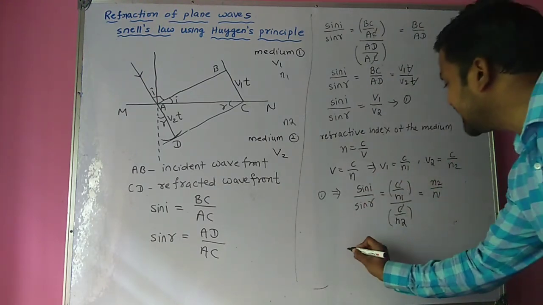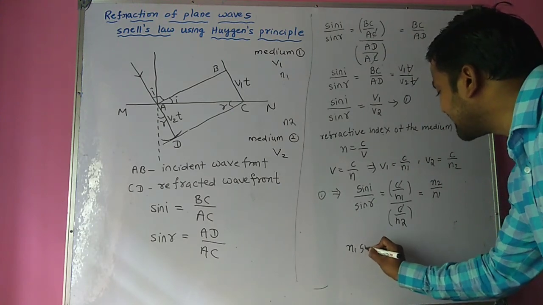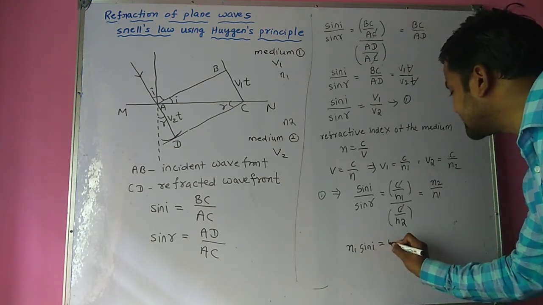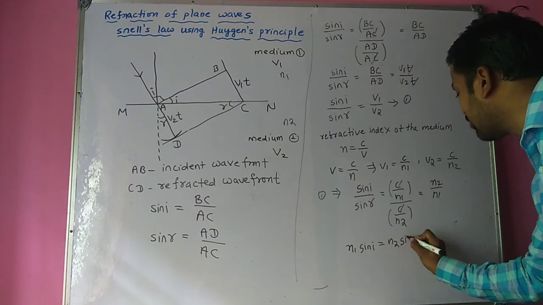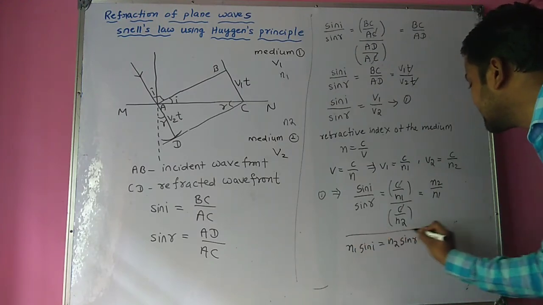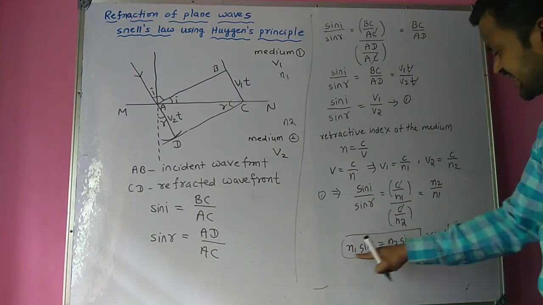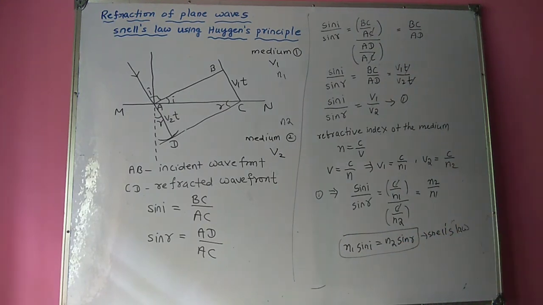If you cross multiply it, n1 sin i is equal to n2 sin r. This is known as Snell's law.